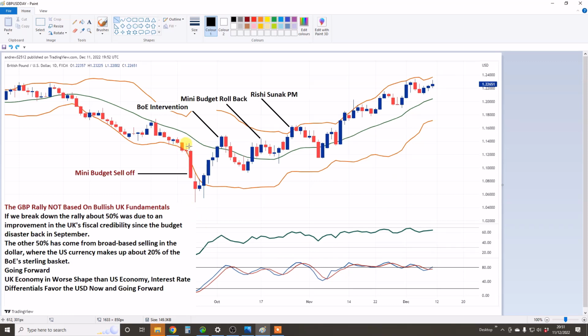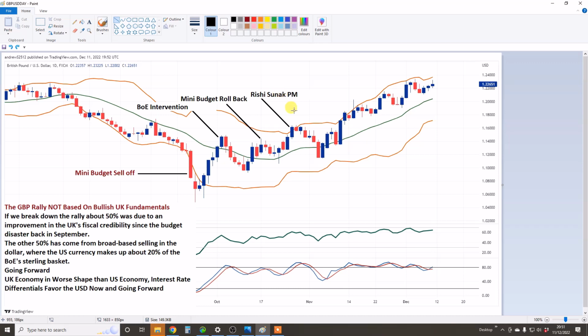In fact, what you can see here, just to go through it quickly, is you get the mini budget sell-off and follow on, then this rally here, a big one, Bank of England intervention in the gilt market to stop pension funds from going bust, but the market took that as bullish. Then we eased back, then we come back up again as the mini budget is totally rolled back by Chancellor Hunt, sideways, then up again.